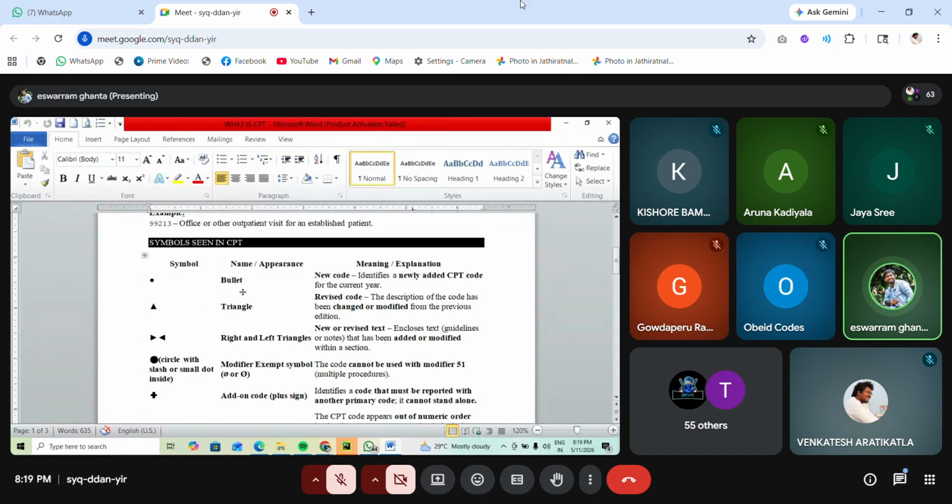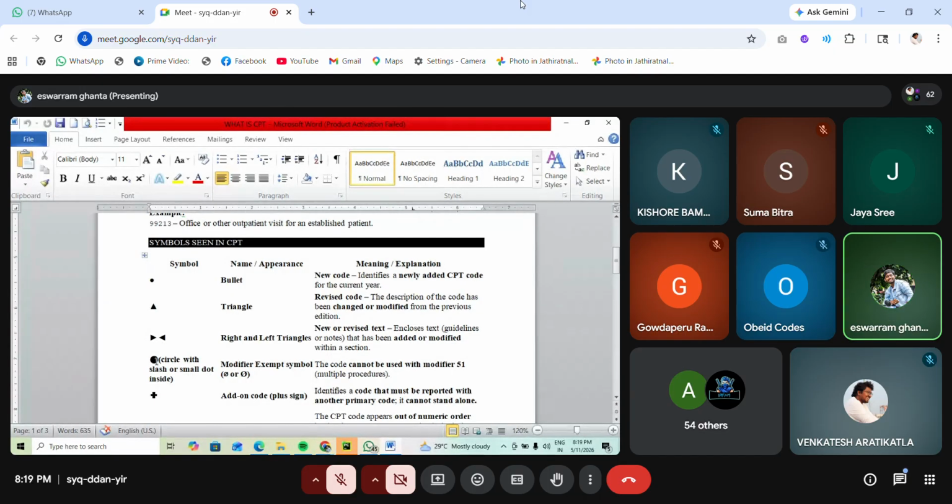This symbol is just for new codes, and this triangle symbol is for revised codes. If any code is modified, these right and left triangles indicate modified codes. That means if any of the sentence is modified.